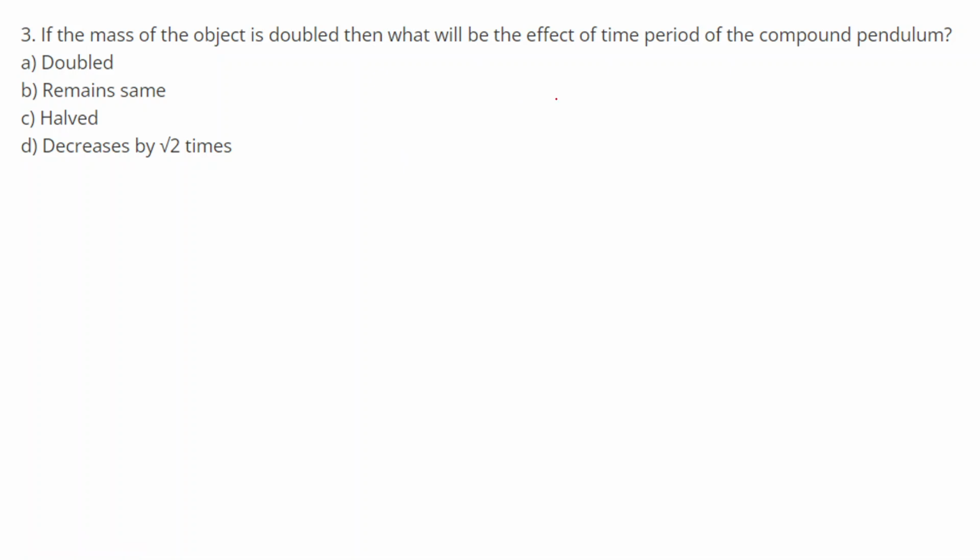So for a compound pendulum, again recalling, time period is given by 2 pi under root I over mgl. Here the question is, if the mass becomes double, then what will be the effect on time period?